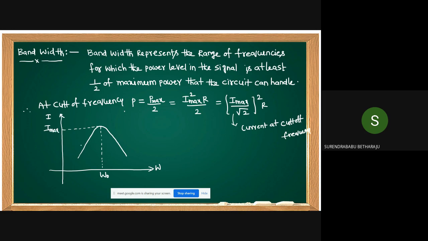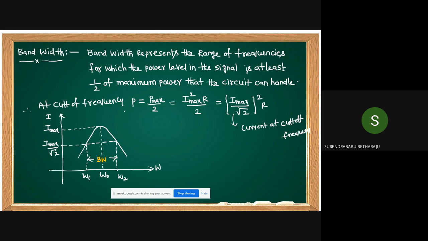Then this is the point I maxima by root 2. Corresponding to this current, whatever the frequencies are there, these are the cutoff frequencies. Let this be omega 1 and this be omega 2. What is this width? This is the bandwidth.